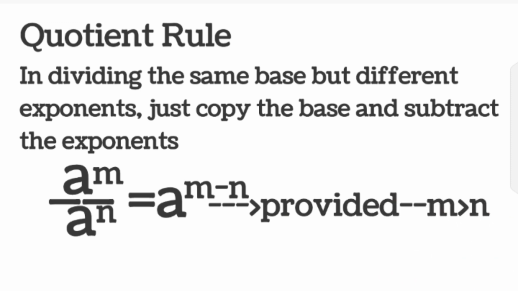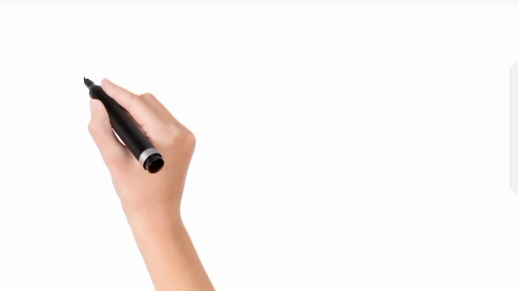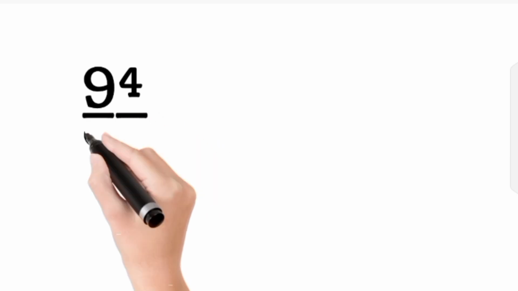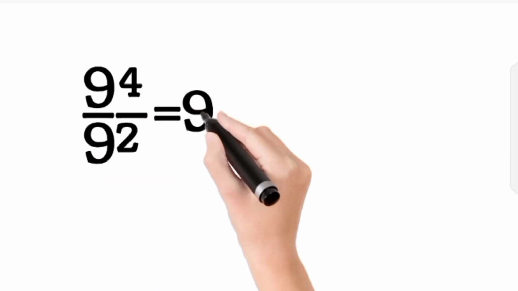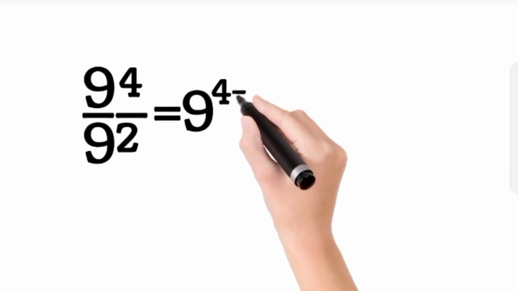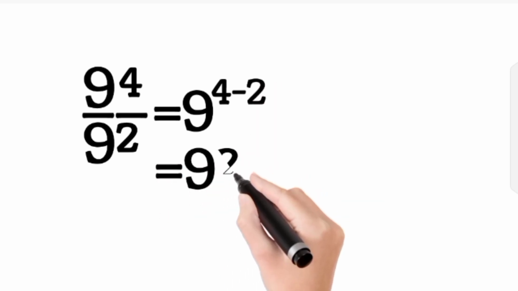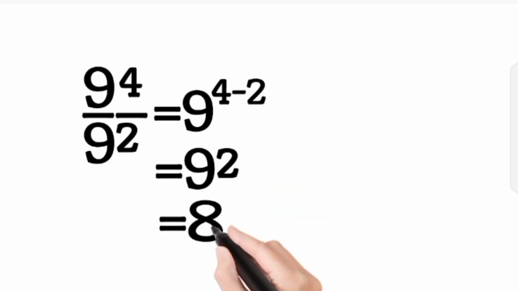There are certain conditions that we are going to discuss later, because there are 3 situations that will occur in this quotient rule. For example, 9 to the power 4 divided by 9 squared equals 9 to the power 4 minus 2, which equals 9 squared, or 81.